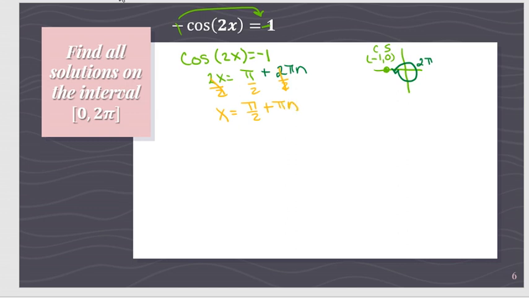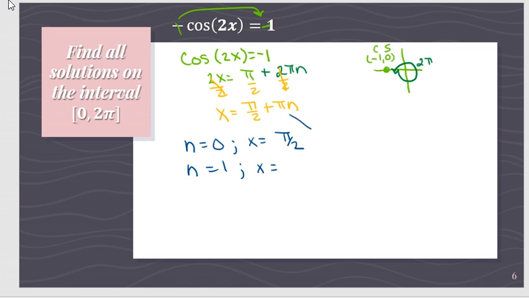All right, there's my equation. So I'm going to go in, I'm going to let n equal 0. And if you do, x equals pi over 2. And if I let n equal 1, x equals, well, I need to add pi to that.